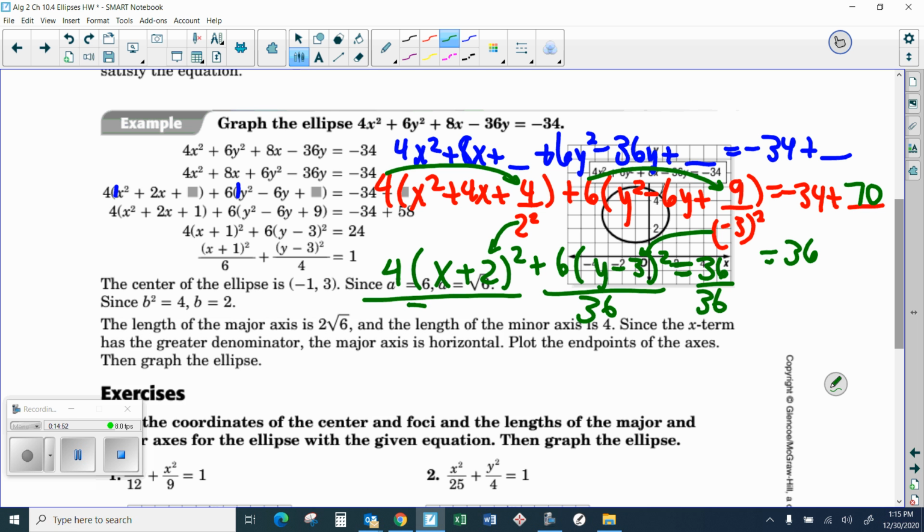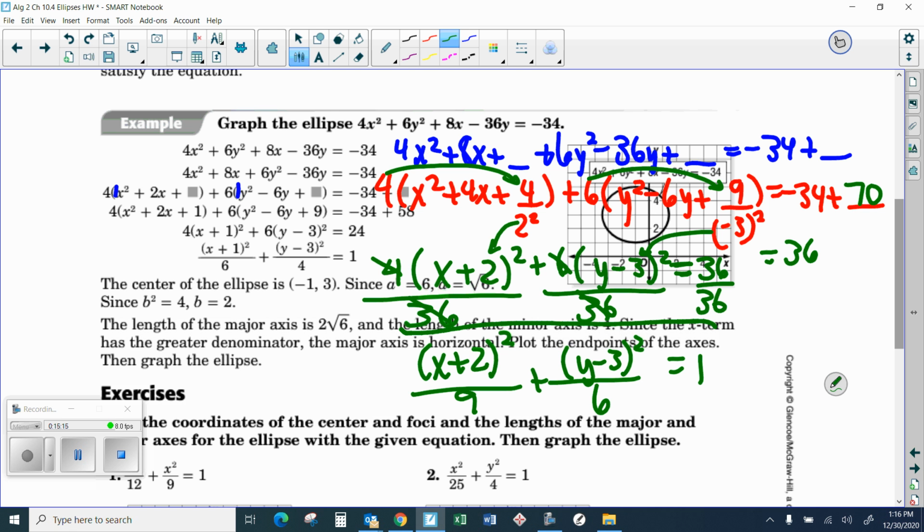So that equals 1 on the right side. Now it equals 1. Well, now I need to go ahead and simplify this, so this becomes x plus 2 squared over 9, because 4 cancels with 36 9 times, plus y minus 3 squared, and 6 cancels with 36 6 times. Now I have it in my standard form.